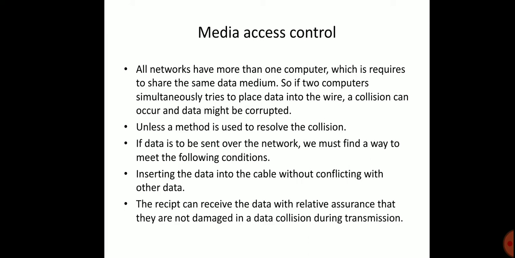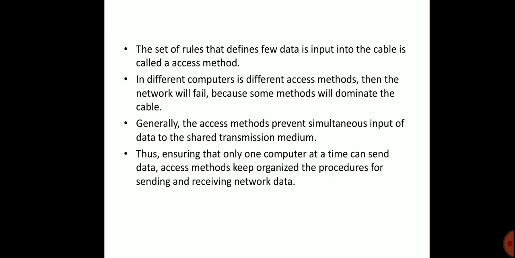The first condition: inserting the data into the cable without conflicting with other data. The recipient must receive the data with relative assurance that they are not damaged in a data collision during the transmission. And the set of rules that defines how data is put into the cable is called an access method.